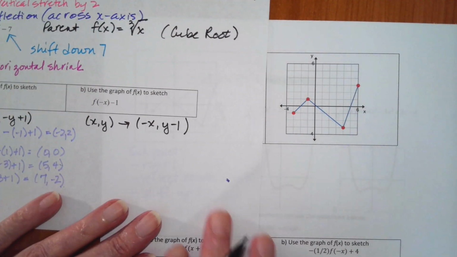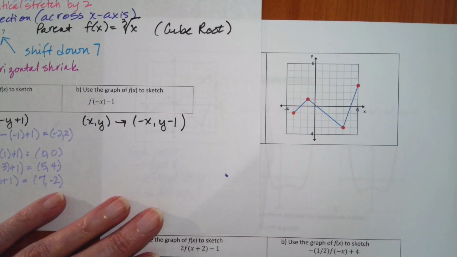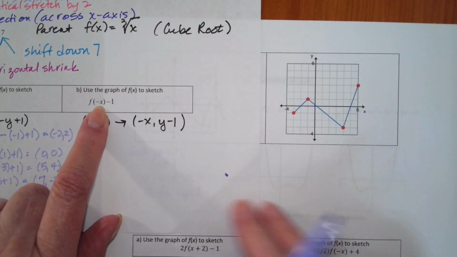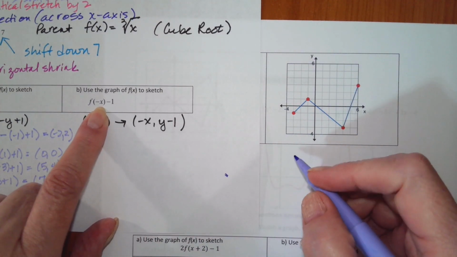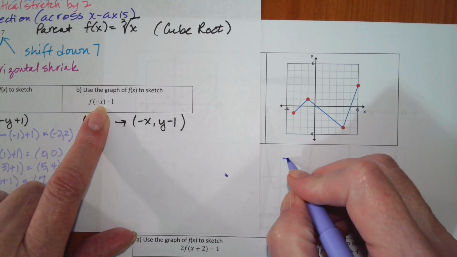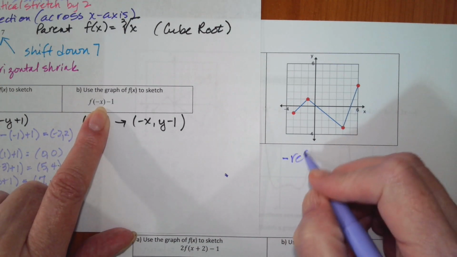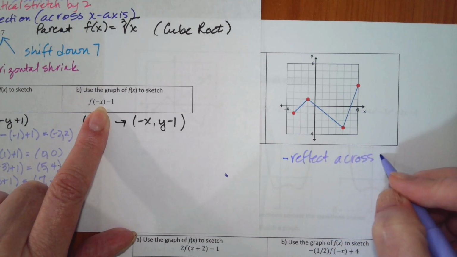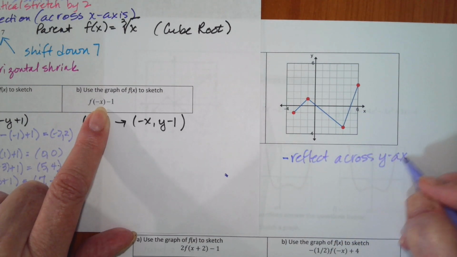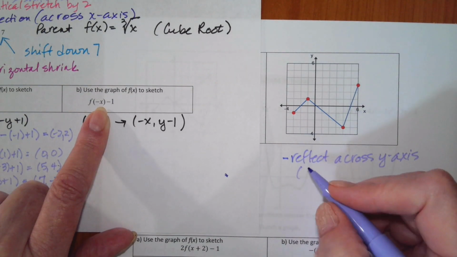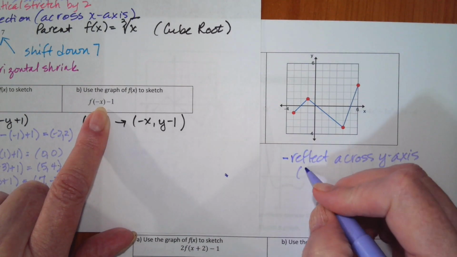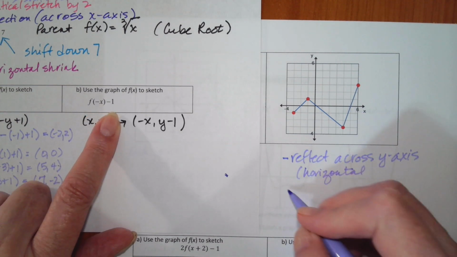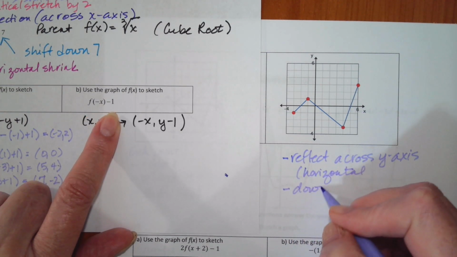Okay, so let's look at the next one. I didn't do this one because I want you to be able to do it yourself. If we're looking at this, we know that the negative inside here means we're going to reflect across the y-axis, which is horizontal. And then we're going to move it down 1.